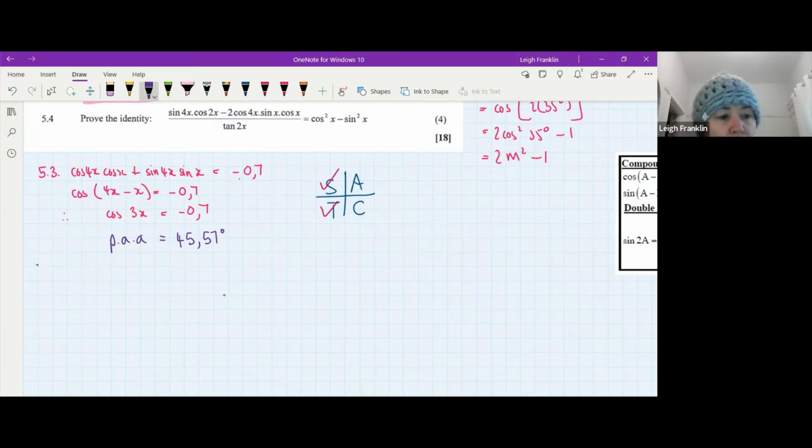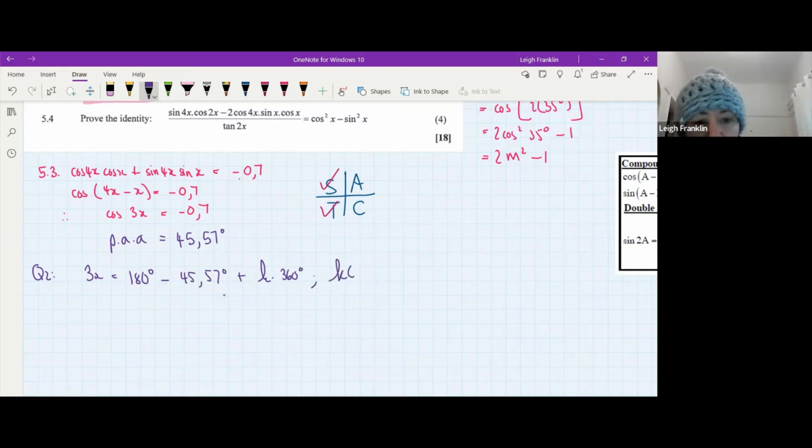In quadrant 2, we would say our angle 3x is equal to, using the reduction formula, 180 minus our PAA, plus multiples of 360, because that's how often a cos graph repeats itself, where k is an element of the integers. Now let's simplify all of that, and then divide through by 3.